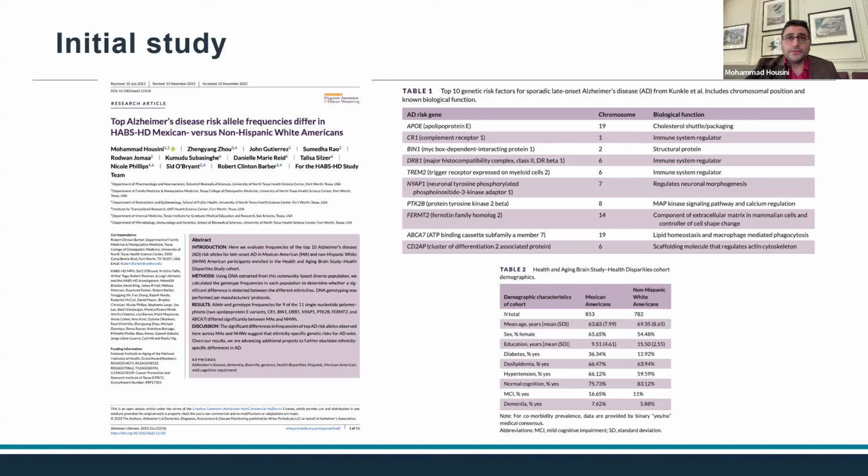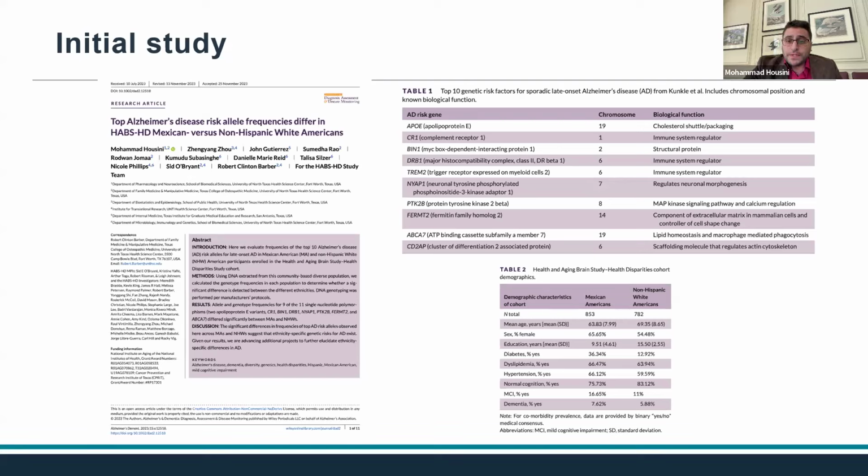And we chose the top 10 because these have the highest effect size. So we wanted to compare what are the genotype frequency differences between the two populations. And you can see that these genes are responsible for a variety of important biological functions.